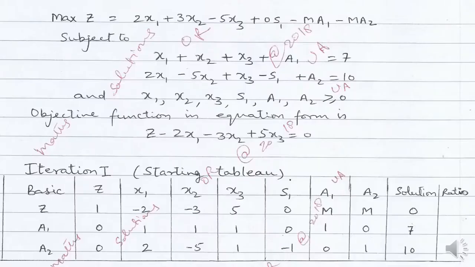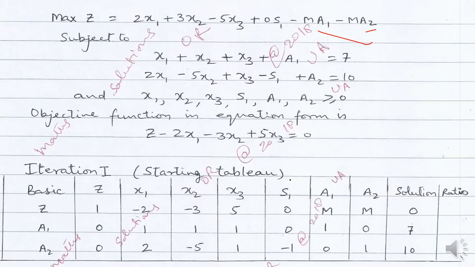in equation form. The objective function is maximize z is equal to 2x1 plus 3x2 minus 5x3 plus 0s1 minus Ma1 minus Ma2. M is a very large number and a1, a2 are artificial variables, and this is according to the big M method, and because the constraints are equal to and greater than or equal to sign, we will be adding artificial variables a1 and a2.